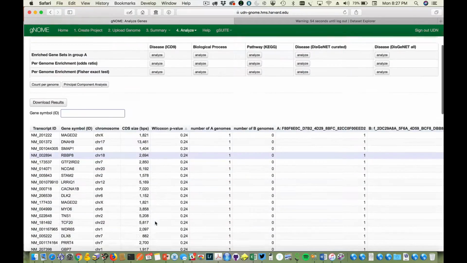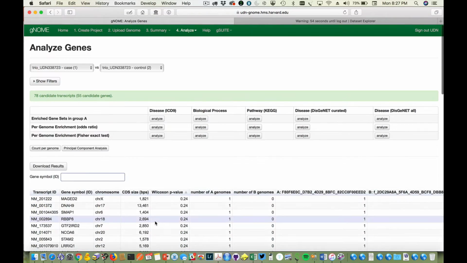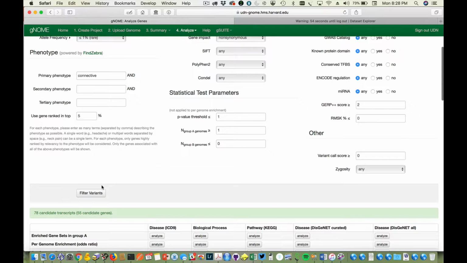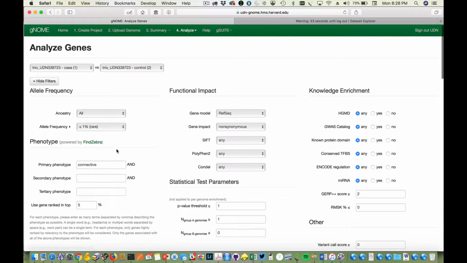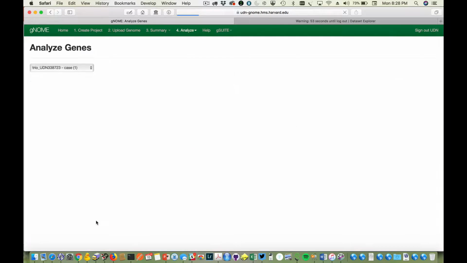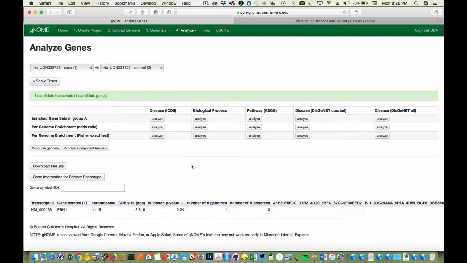55 candidate genes, where I can filter by adding a phenotype of connective tissue issues, and using the FindZebra annotation database that makes the link between potential phenotypes and variants, and then exploring directly from the VCF.